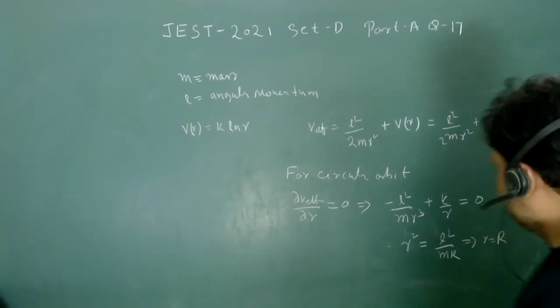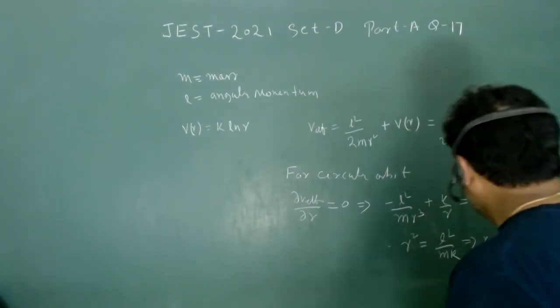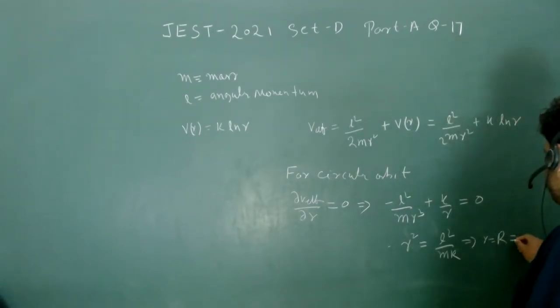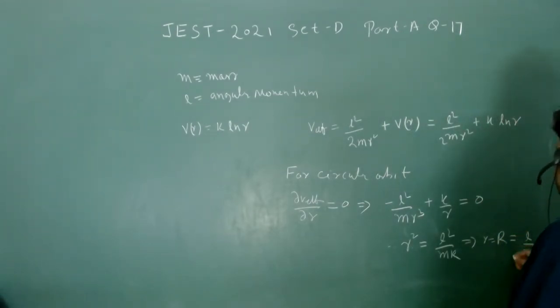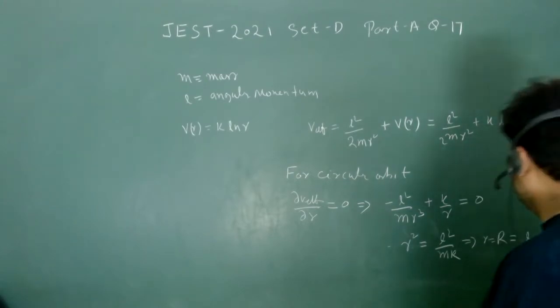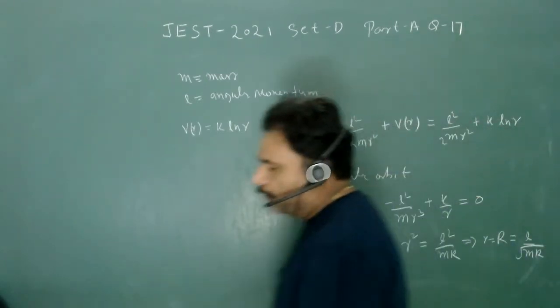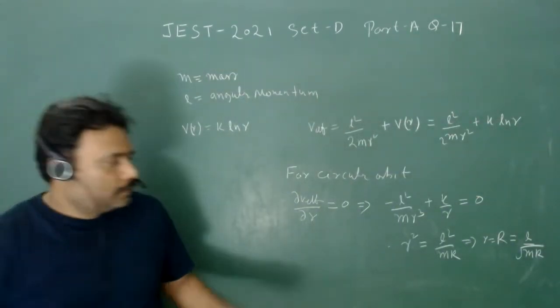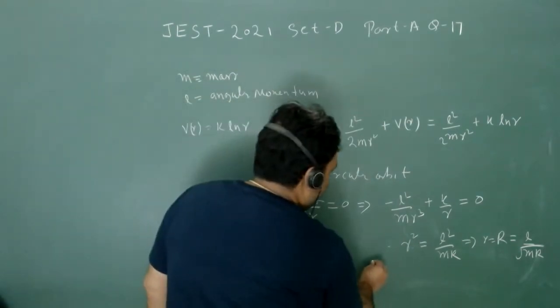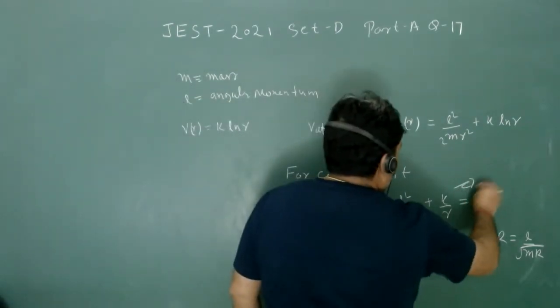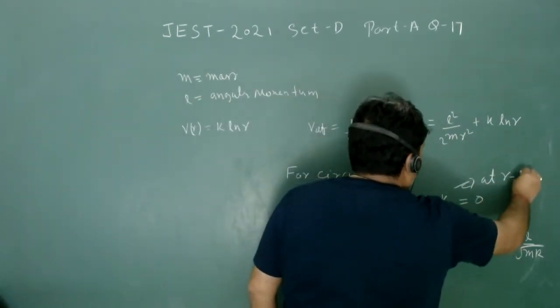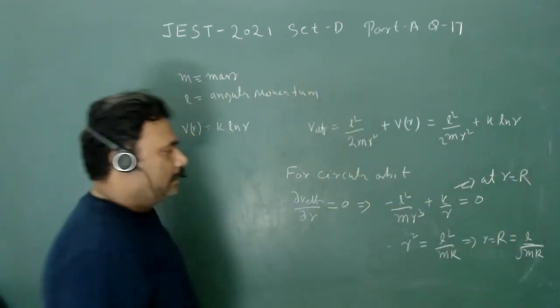In the problem, capital R is given as the radius. So R is equal to L upon root mk. This happens at r equal to capital R, where capital R is the radius.